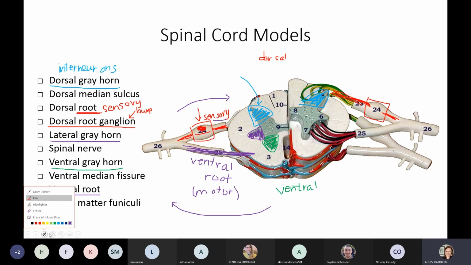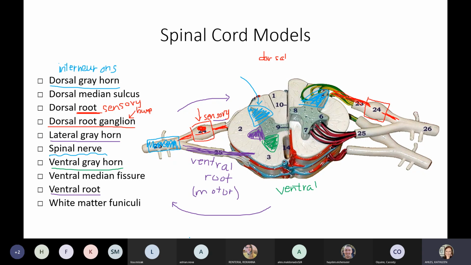But the place where those two roots come together to form one solid structure, like we see here, this one solid structure that's a mixture of my dorsal root and my ventral root, that's a spinal nerve. So a spinal nerve has both sensory and motor in it, but we have to send sensory information toward the back of the spinal cord, and motor information comes off the front of the spinal cord.